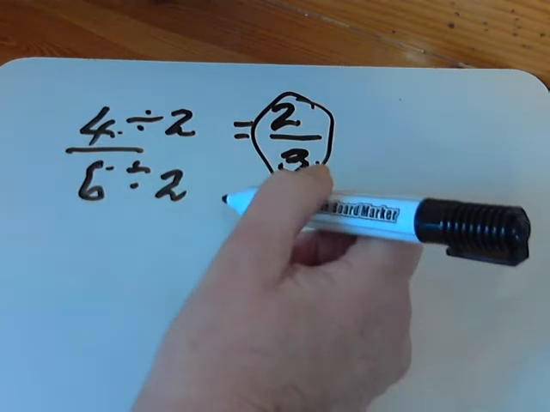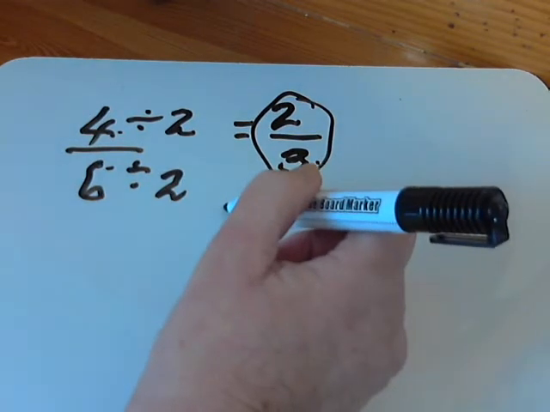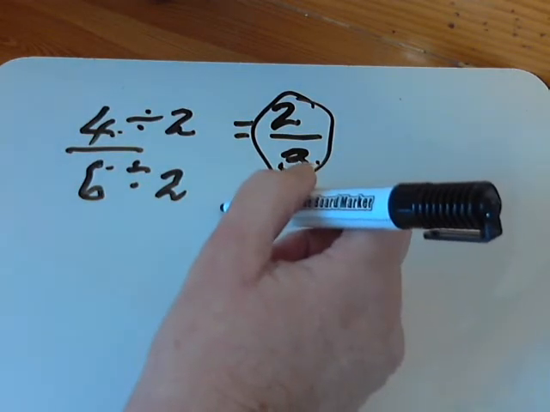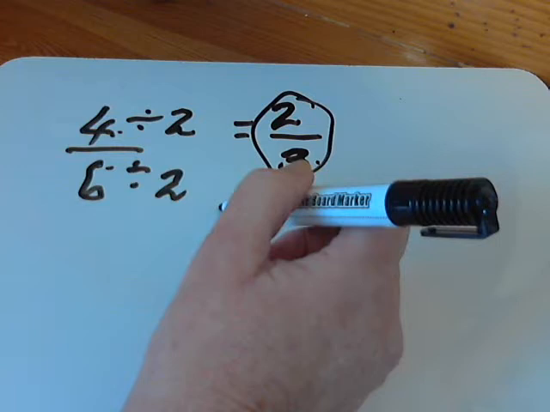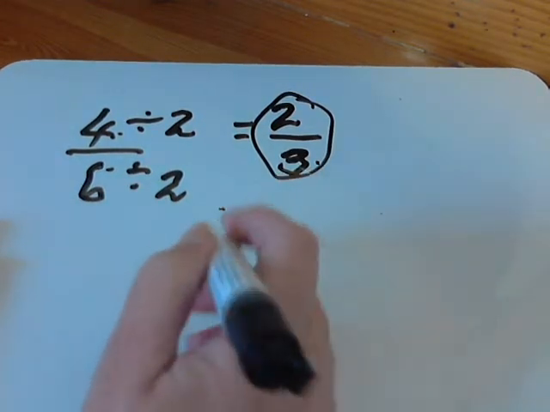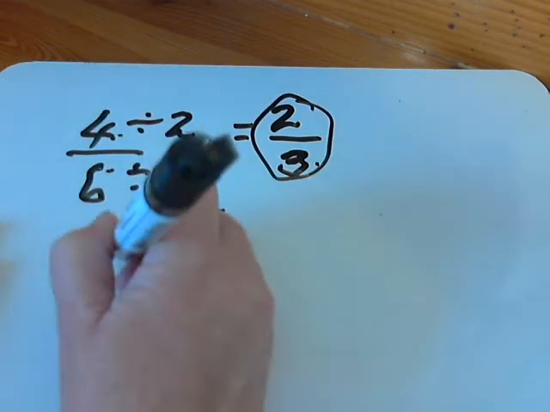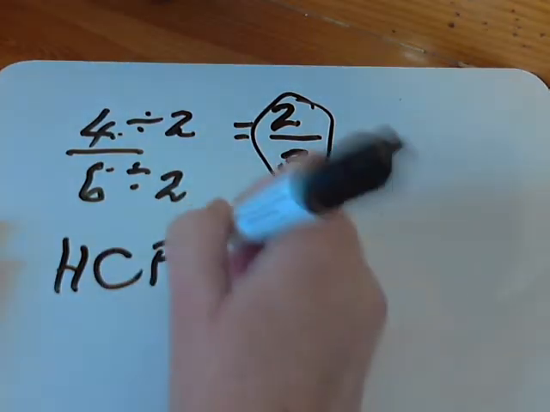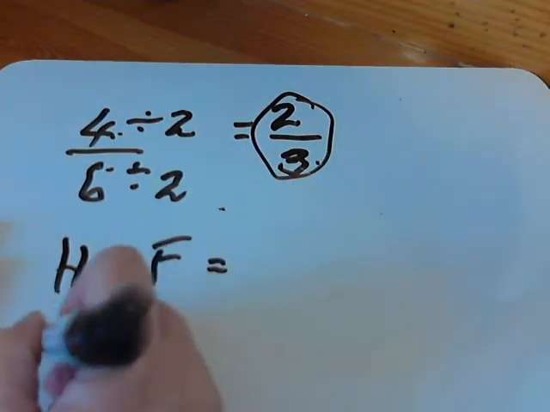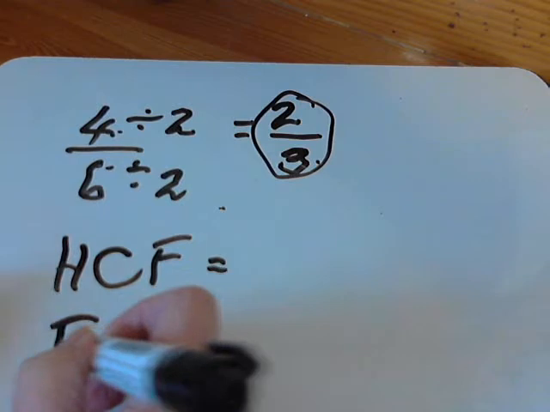Right, when we look at example 2, we see that it says revise the highest common factors. Now, you learned about this earlier in the year. Remember that a highest common factor, HCF, is always written as factors of whatever the number is.